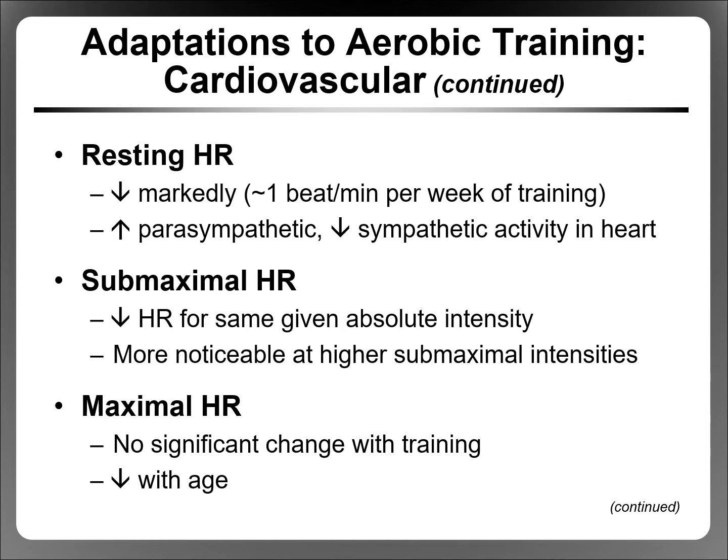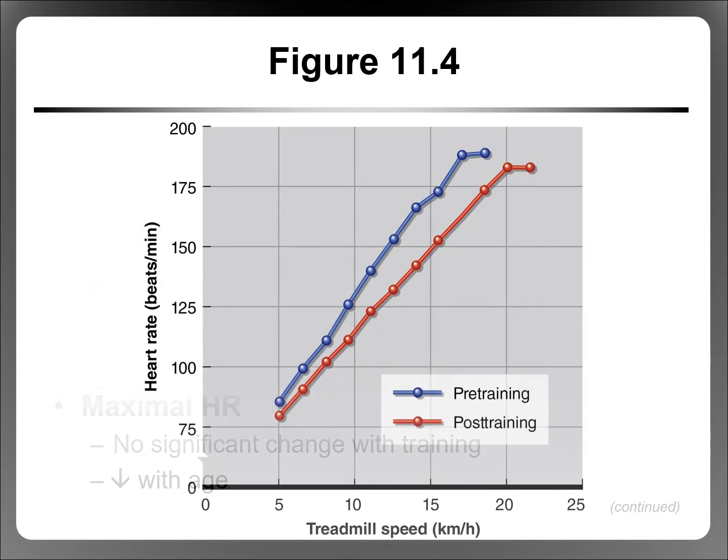And then we know maximal heart rate tends to stay the same even when you train, and it's still going to decline with age. But basically, because we're having a lower resting heart rate and a lower submaximal heart rate at a given intensity, I can do more work with the same maximal heart rate.